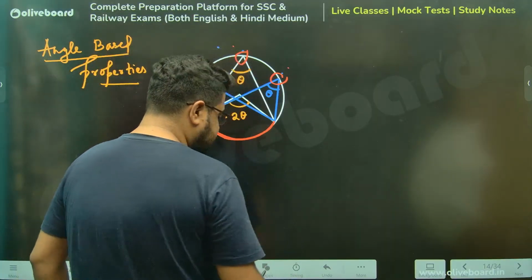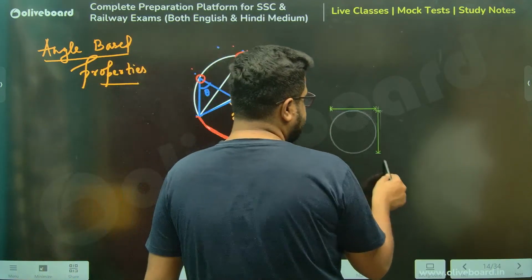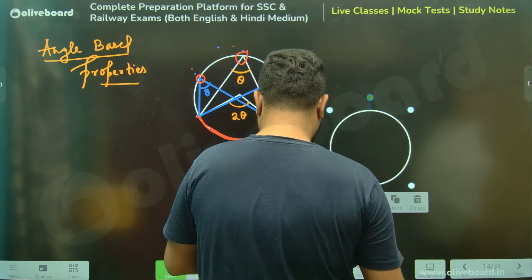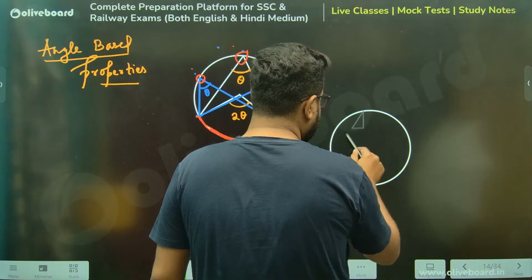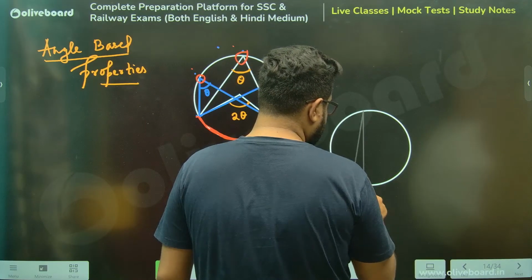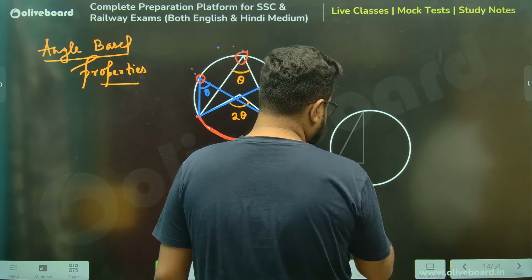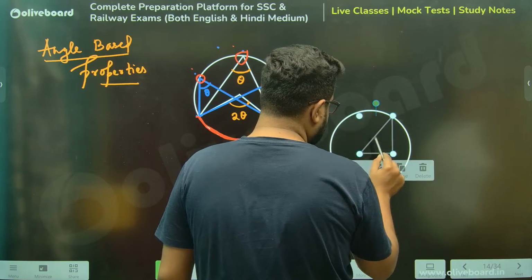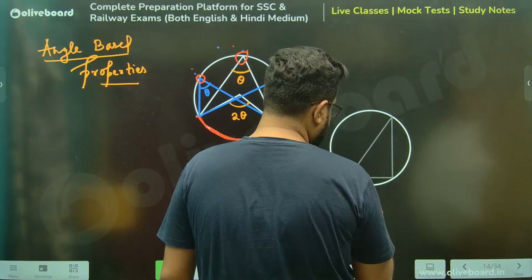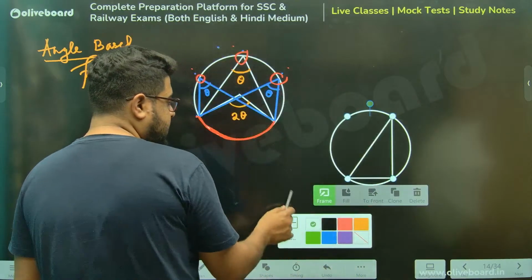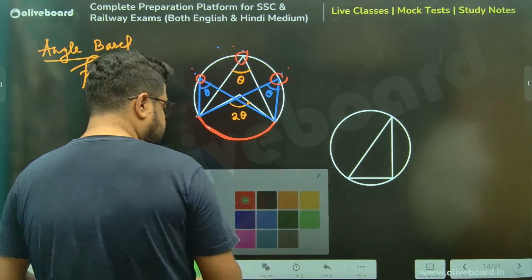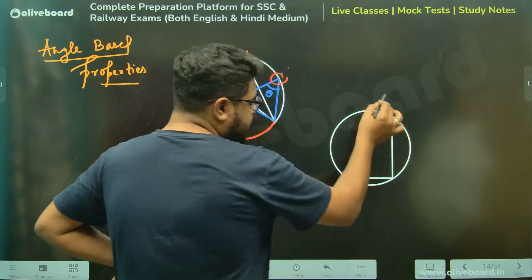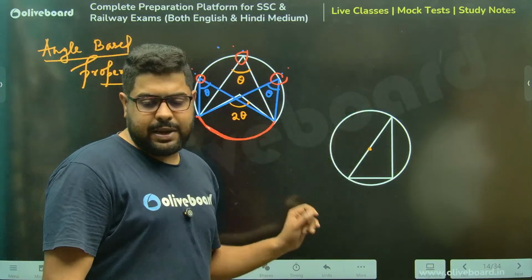And the third one is, let's take something like this. Sir, can you see this? If you take a semicircular angle, this is your diameter.